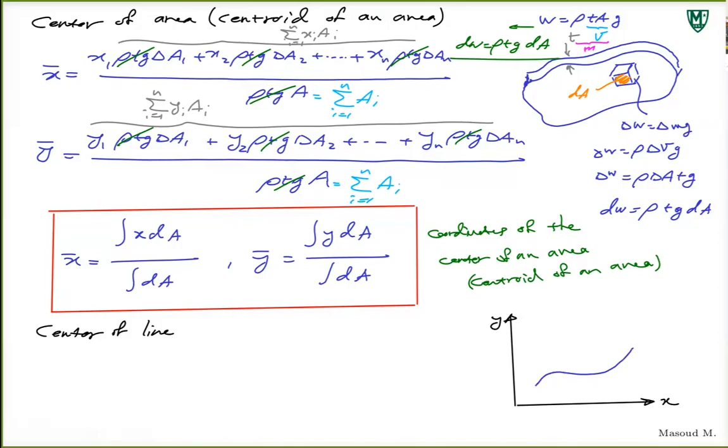And by line, I mean in engineering terms, you can think of this as a wire. You're trying to find the center of a wire. Where is it? Well, in this case, it might not end up being on the wire. You might get the center of the wire somewhere here. That will be some distance x bar from the y-axis and some distance y bar from the x-axis.